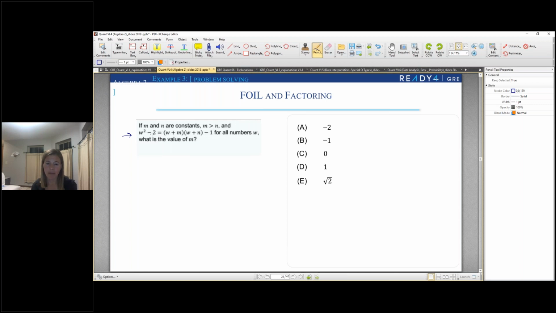Why is w squared minus 2 not a difference of squares?